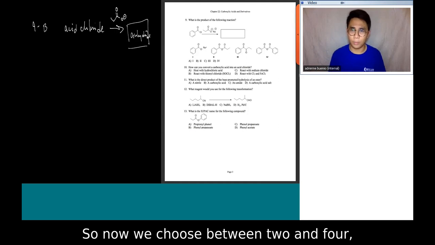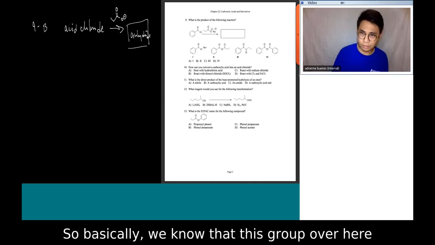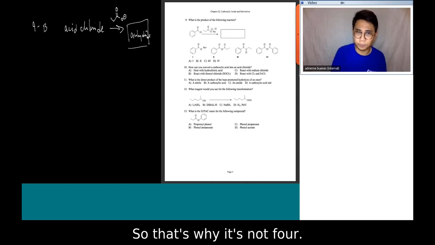So now we choose between 2 and 4 and what's happening in the reaction. We know that this group over here is just going to attach where that leaving group leaves. That's why it's not 4.